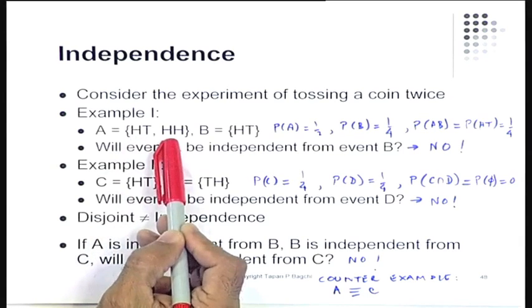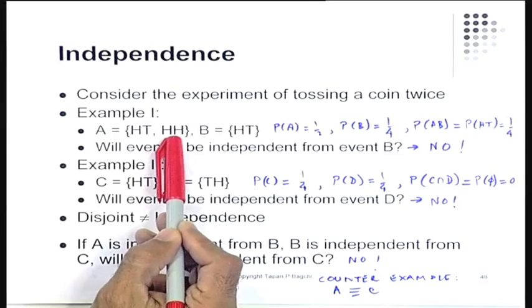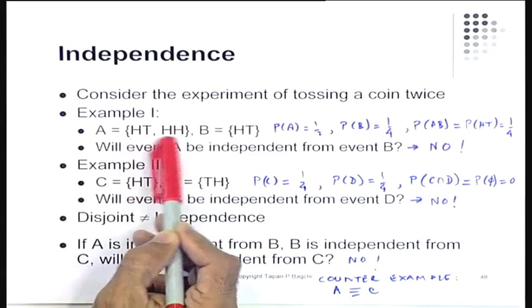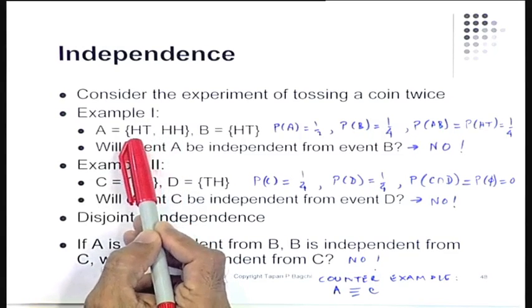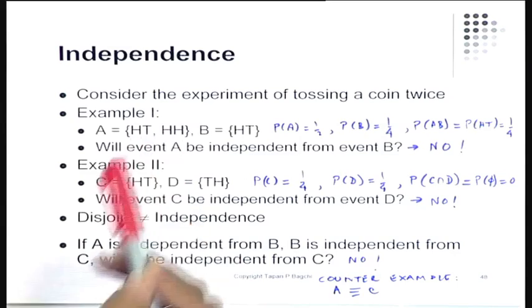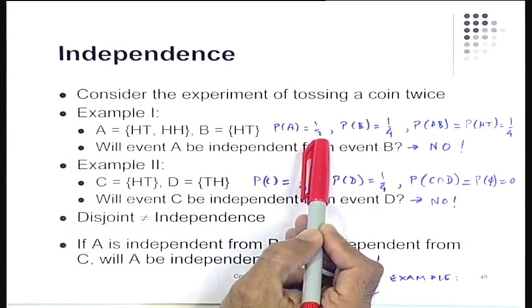And also I could have the same event occur if I had two heads, and the chance of that occurring is again 1 by 4. So 1 by 4 plus 1 by 4, because these are two different outcomes. I'm talking about this occurring or this occurring, therefore I add the probabilities. So P(A) has the probability of 1 by 2.